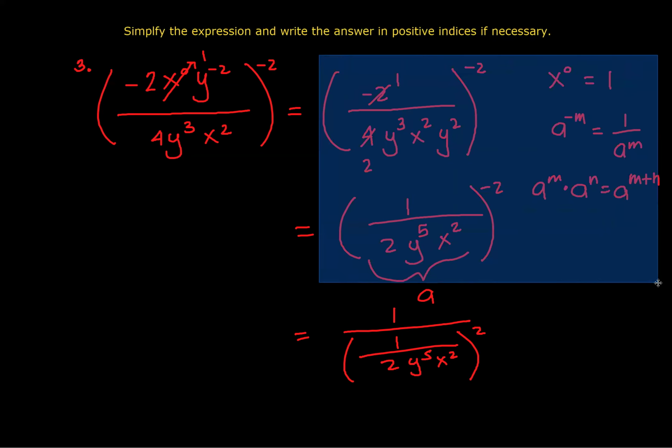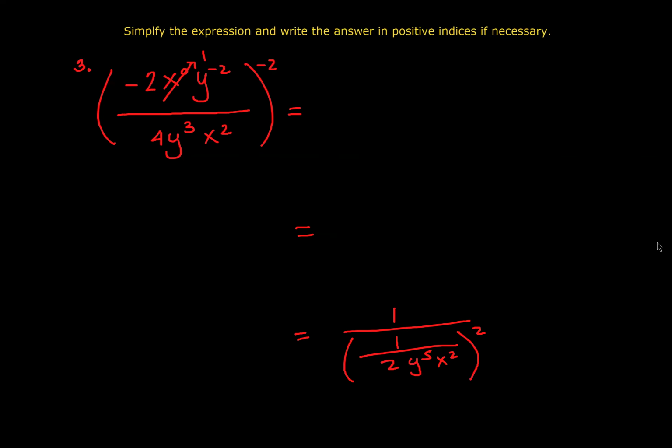Let's clear some space. Okay, so with that, we will first simplify what is in the denominator. Now we have 1 all over 1 squared all over 2 raised to 2, y raised to 5 times 2, that will be 10, and this will be x raised to 4.